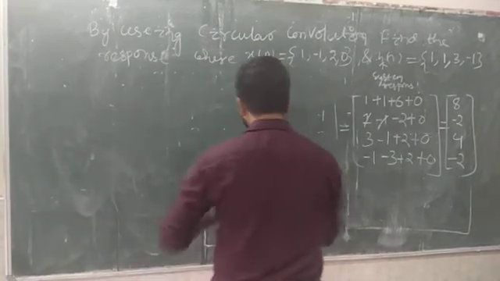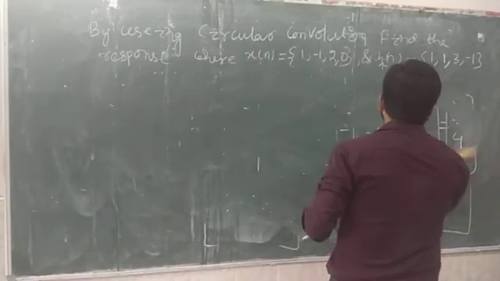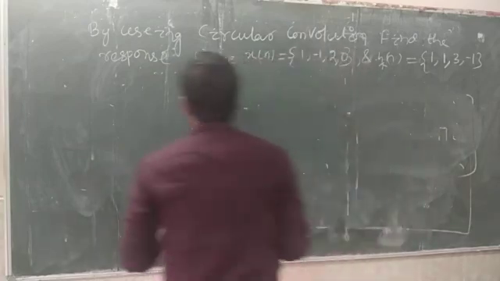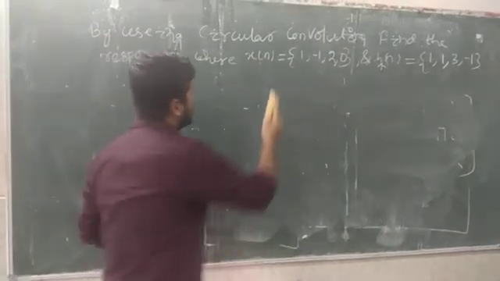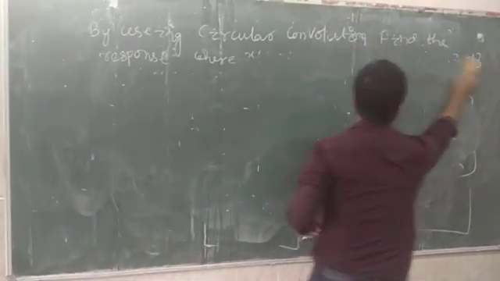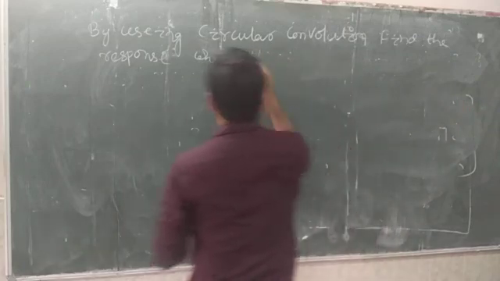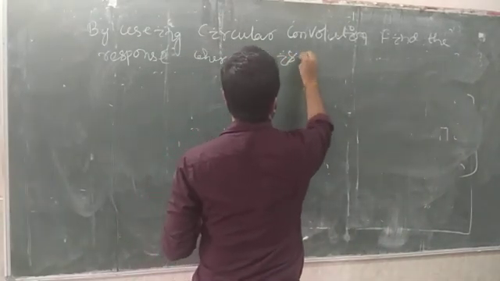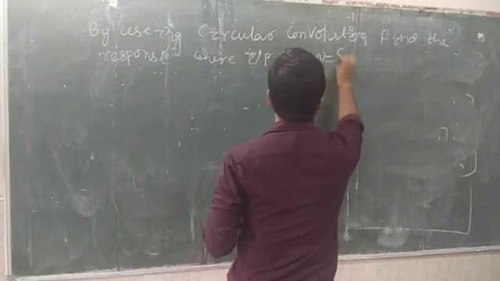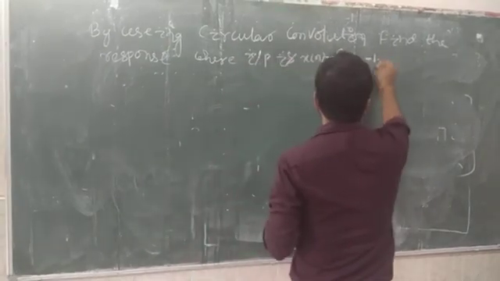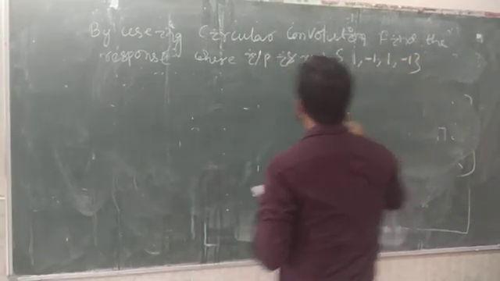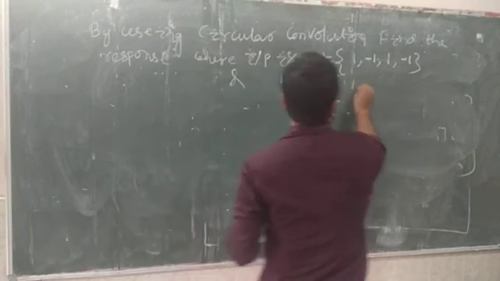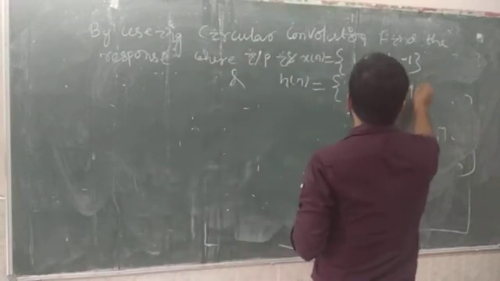Then here is a homework question for you. By using circular convolution, find the response where the input signal x(n) is given as 1, -1, 1, -1, and the system response h(n) is given as 1, 2, 3, 4.